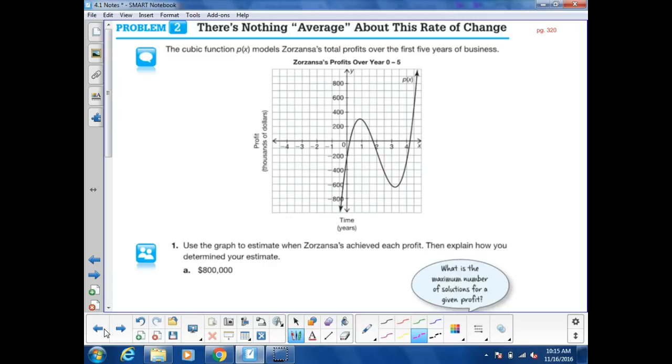And we had some restrictions on it, like one of your test questions from yesterday. So let's talk now about Zorzanza and their business profit model, which is pictured here. Discuss for me things that you notice about Zorzanza.